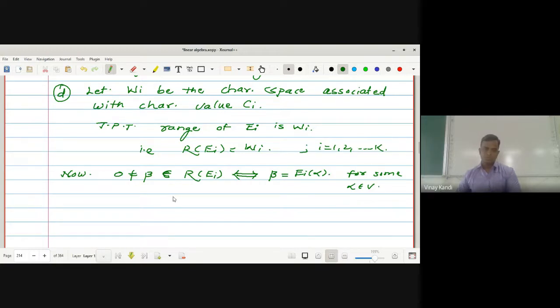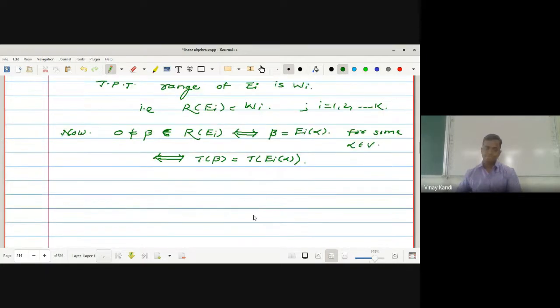So this implies, apply T on both sides. T of beta is equal to what? T of Ei of alpha. T is the linear operator on V. Then apply T.